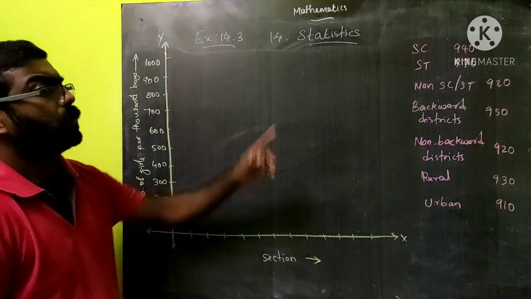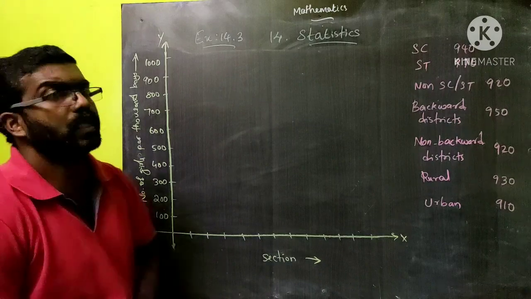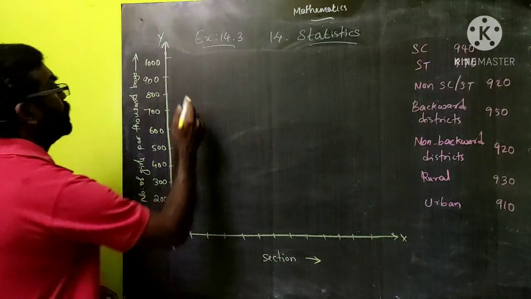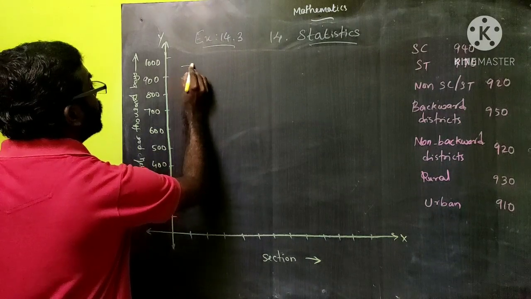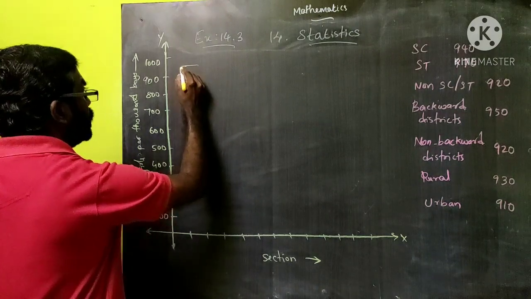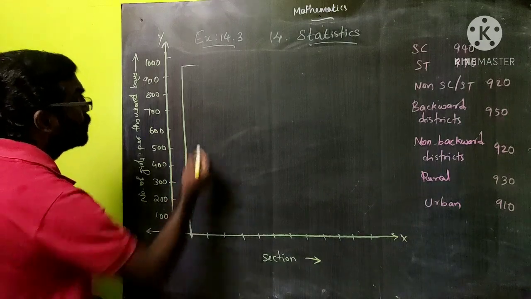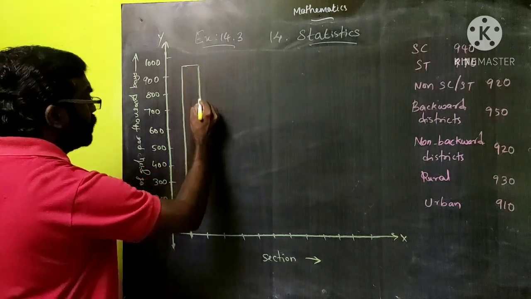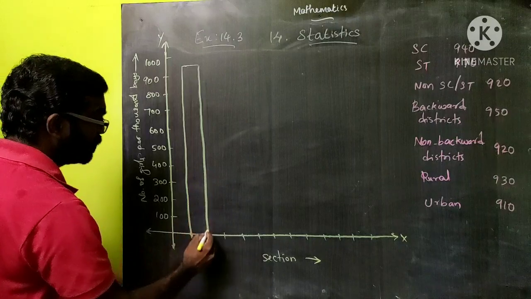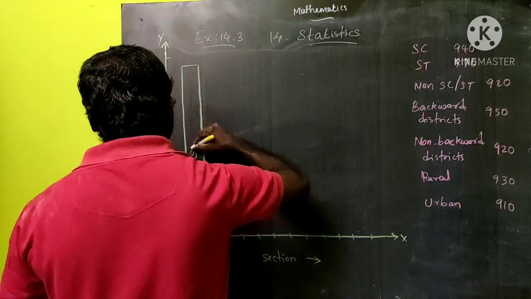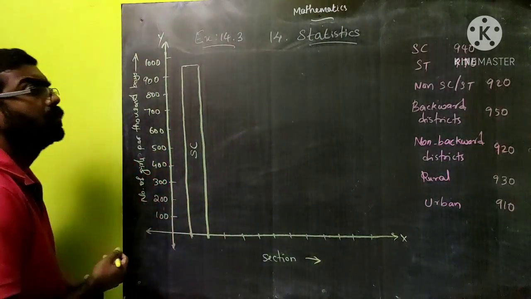Okay, first section is scheduled caste. It is 940. So approximately here we can mark 940. This is scheduled caste, or in short we can write SC.